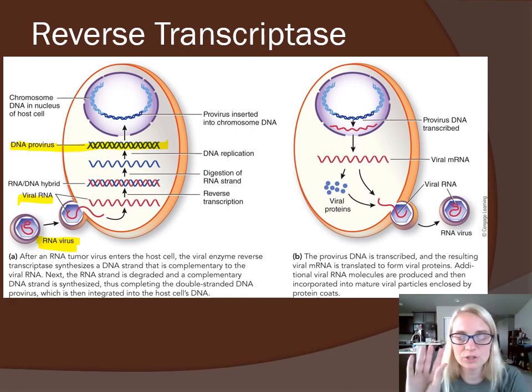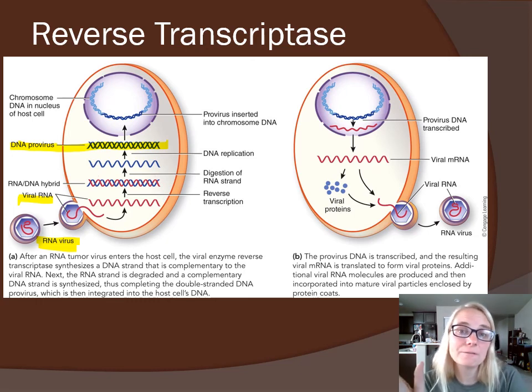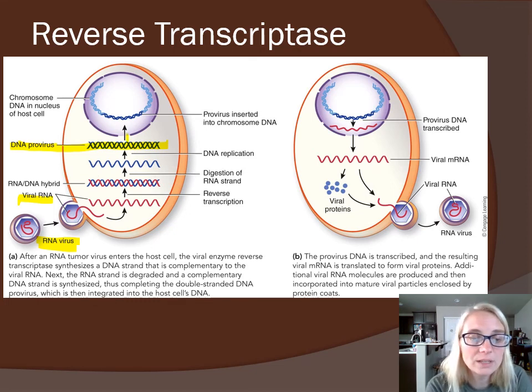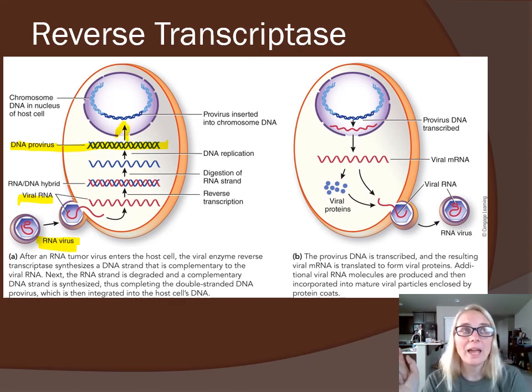Crazy, right? It just turns the whole central dogma on its head. And not only that, it then takes that double-stranded viral DNA that it just made, incorporates it into your chromosome, and that is forever a part of your chromosome. Now you have human DNA with a little slab of viral DNA in your chromosome, and it never comes out. It's a permanent part of your chromosome.